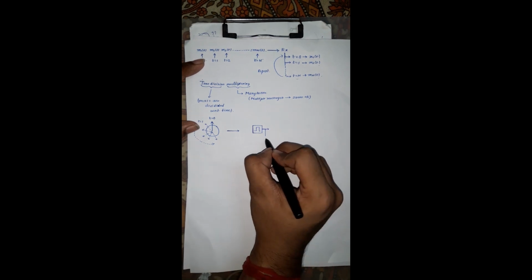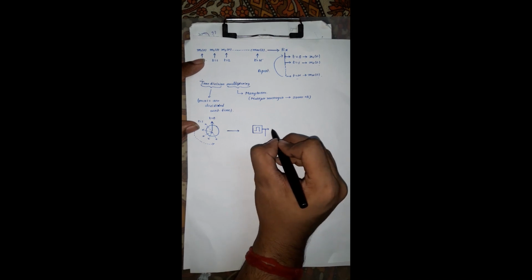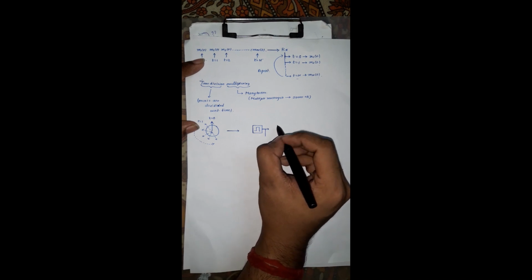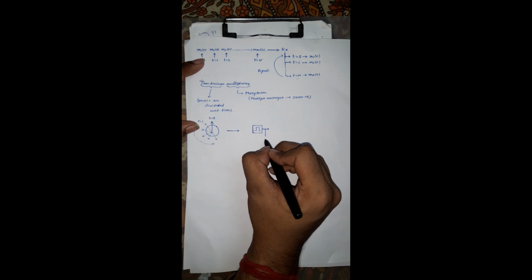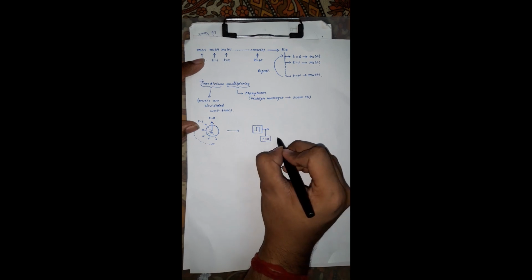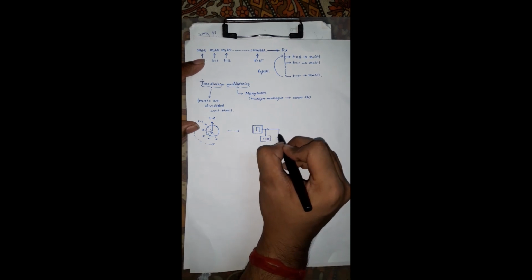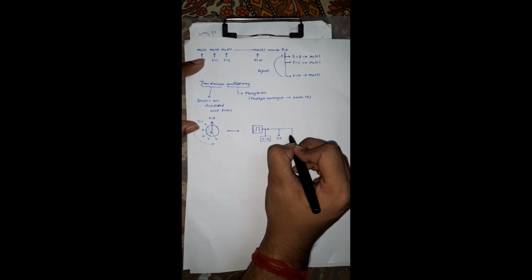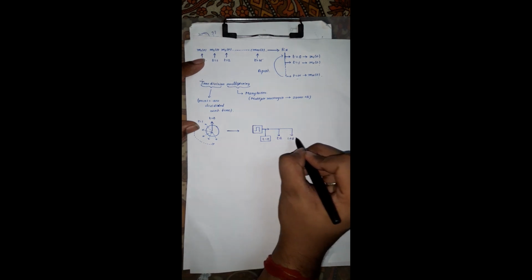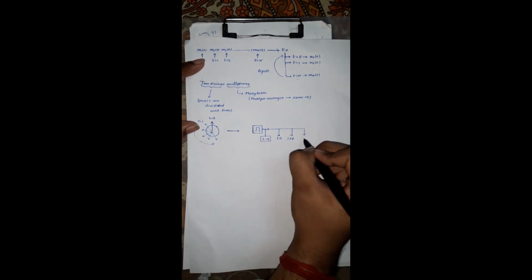Now what is happening over here, at each stage the waveform is delayed. At t equal to t naught, the pulse was there. Now this waveform has been delayed up to td, then again delayed up to 2td, then 3td.